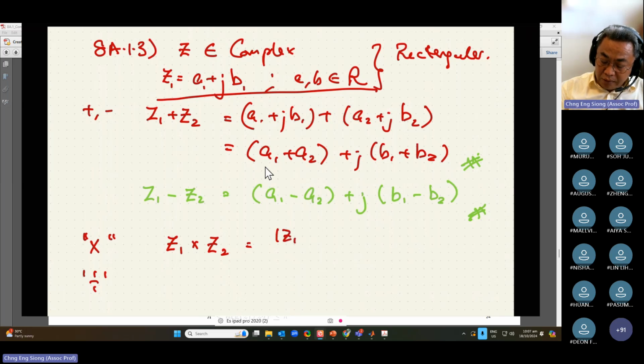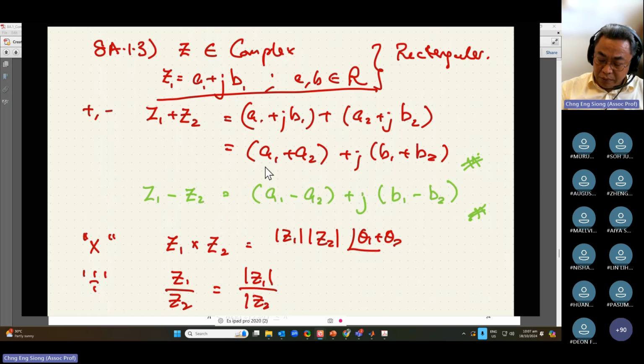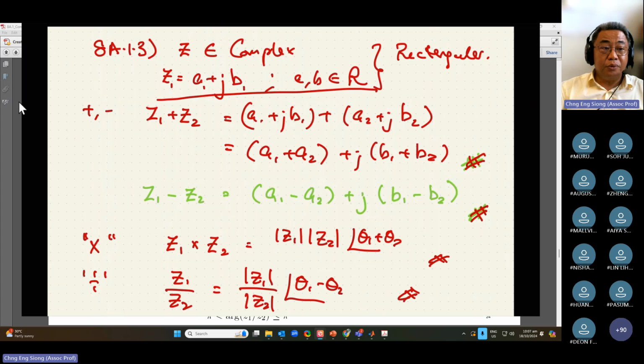Modulus z1 times modulus z2, angle theta 1 plus theta 2. z1 divided by z2, modulus z1 divided by modulus z2, angle theta 1 minus theta 2. So nice. So these are the four things that we do: plus, minus, multiply, divide for complex numbers.